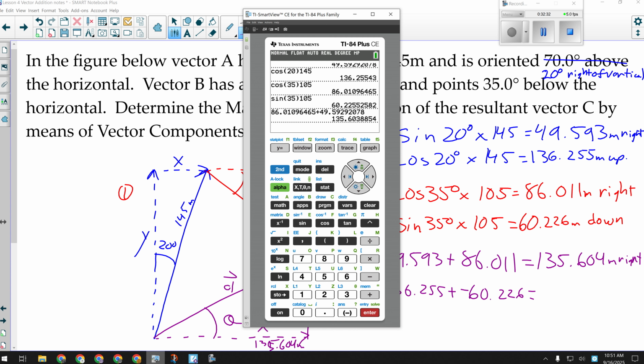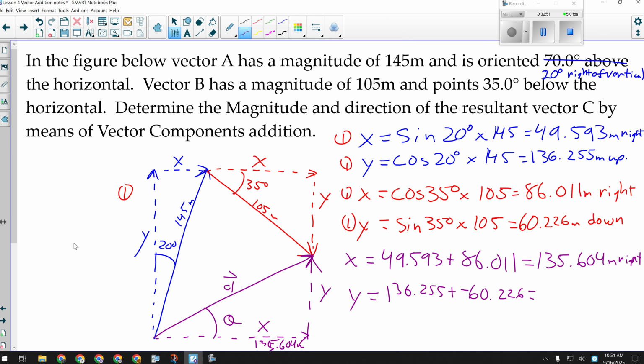So I'm taking my 136, going way up for that one, and I am adding negative 60.225. So my resultant or purple y is 76.030 meters up.